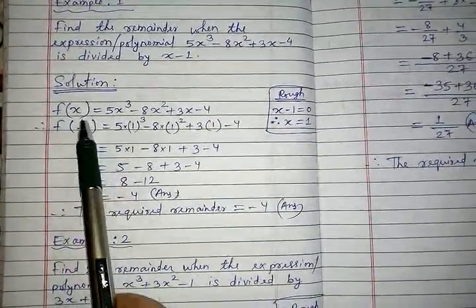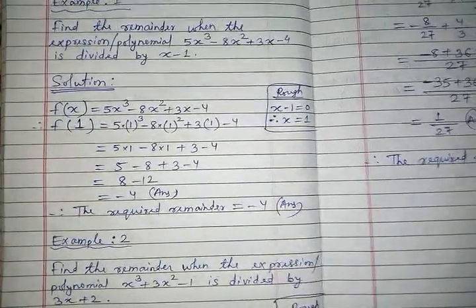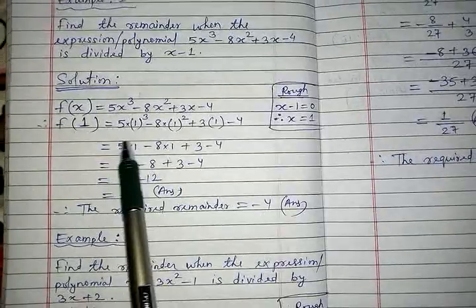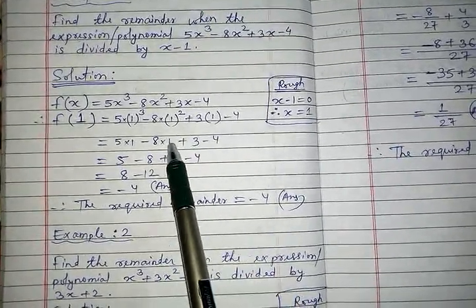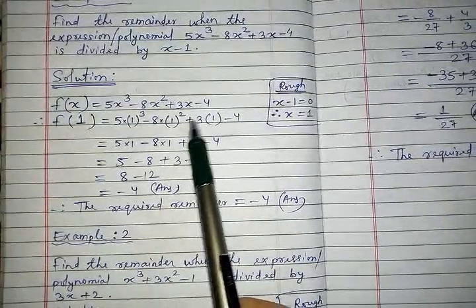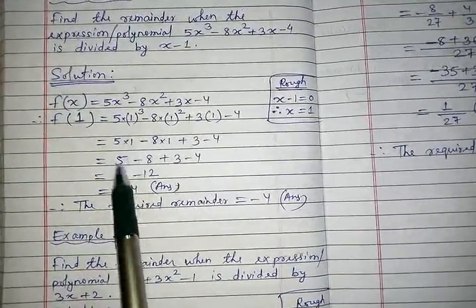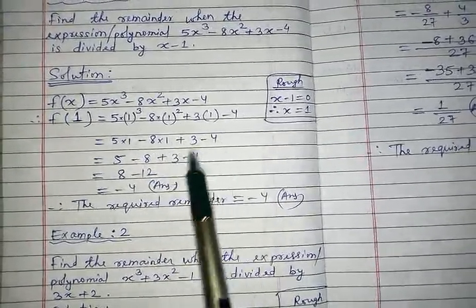That means wherever I find x, I put the value of x as 1. Now 1 cube is 1, so 5 into 1, minus 8 into 1 square, which is 1, so 8 into 1, plus 3 ones are 3, minus 4. Now 5 ones are 5, minus 8 ones are 8, plus 3, minus 4.